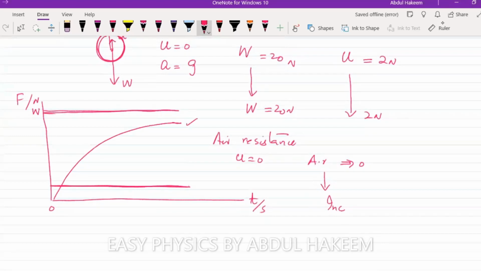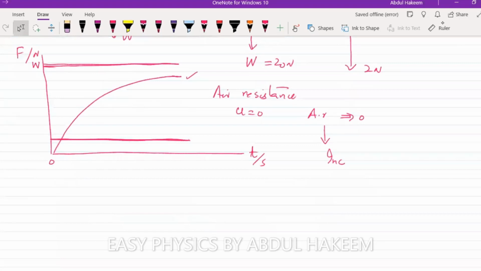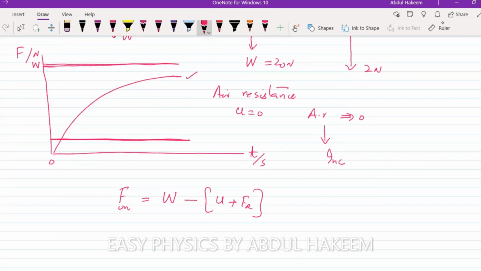And the difference of the forces means the resultant force. The resultant force, meaning the unbalanced force, will be weight downward minus the sum of upthrust plus air resistance. And this resultant force gradually decreases. When the resultant force becomes 0, when the sum of the thrust and the air resistance becomes equal to the weight, the object falls further with a constant velocity, with 0 acceleration.